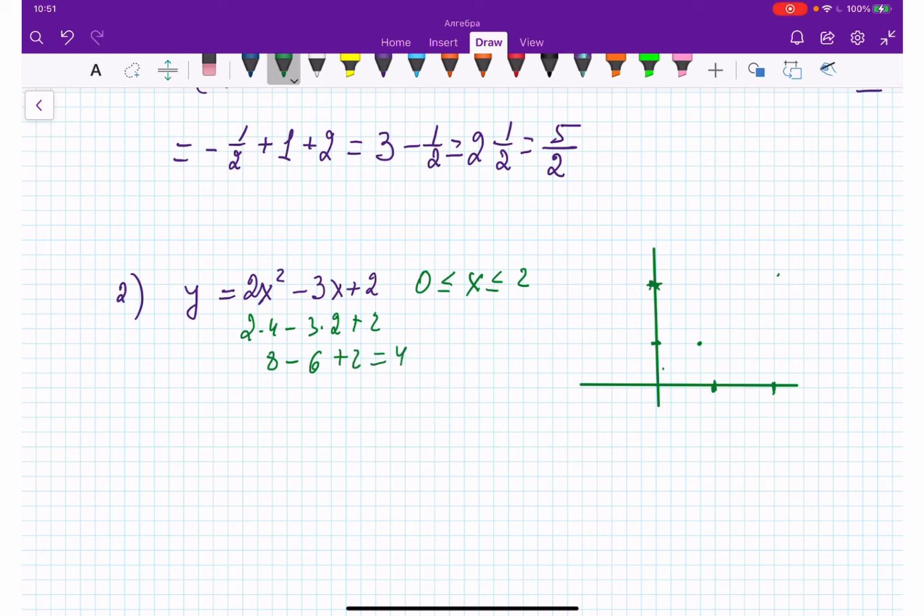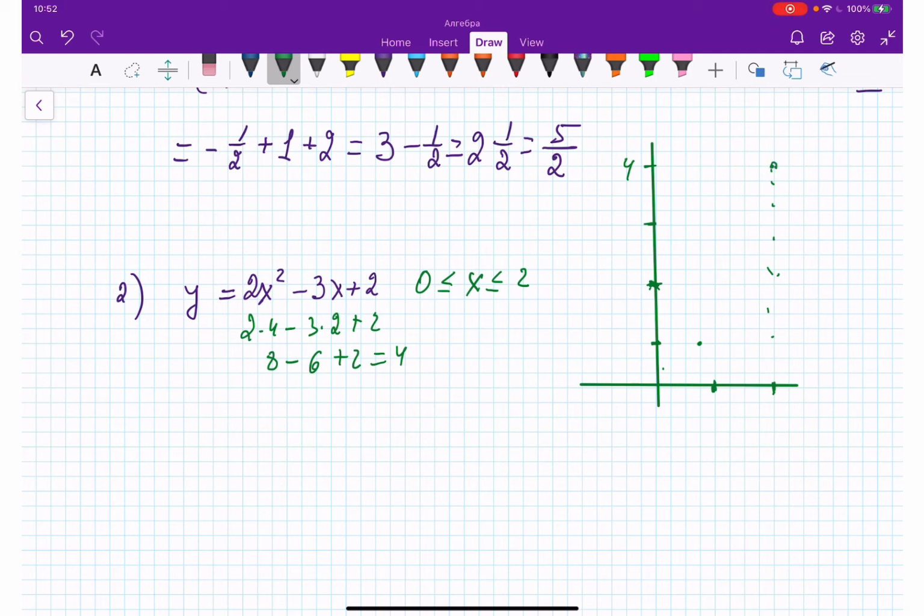It's going to be 4. So this is 2, 1, 2, 3, 4. This is 3, and this is 4. So when x is 2, it's going to be 4.